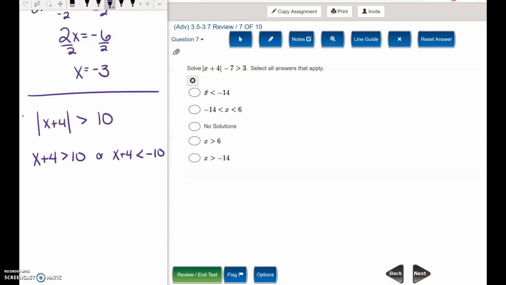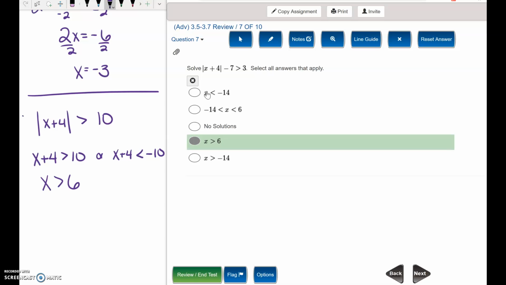Notice it says select all answers that apply. So none of these answers have or. We're going to have to select 2 correct inequalities to make that or inequality. Subtract 4 on both sides, we get x is greater than 6. So I know that one is one of my solutions. Subtract 4, x is less than -14. There's a distractor there. Make sure you don't hit the distractor.